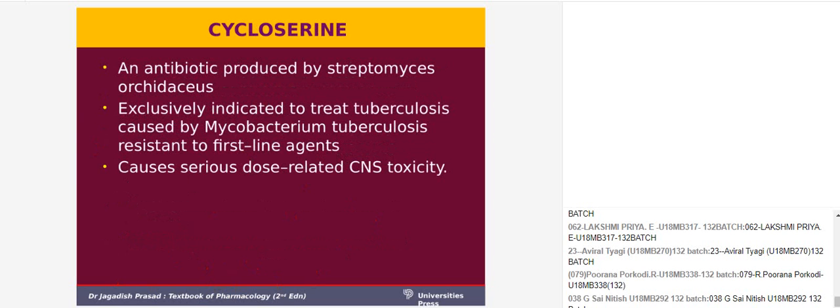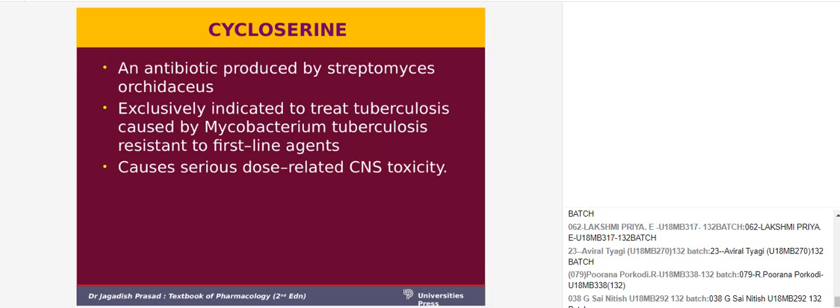And cycloserine is also very commonly used when there is resistance to first line drugs in tuberculosis. Cycloserine is an antibiotic produced by Streptomyces orchidaceus.